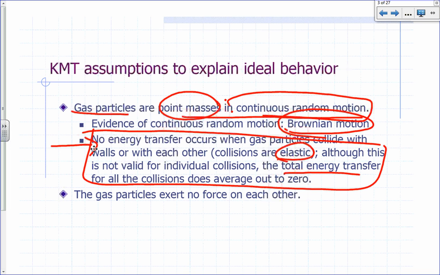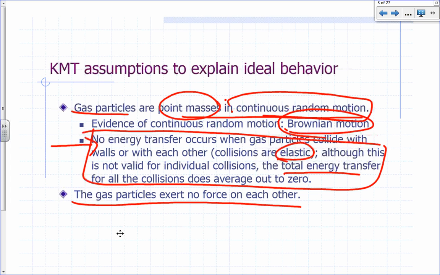So for simplicity, in applying the physics to our collisions, we can make that assumption and arrive at an expression that will allow us to explain ideal gas behavior. We're also going to assume that the gas particles exert no force on each other.